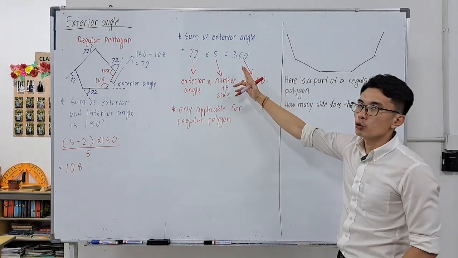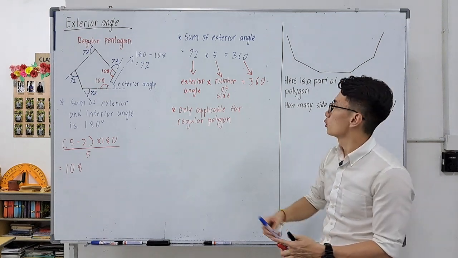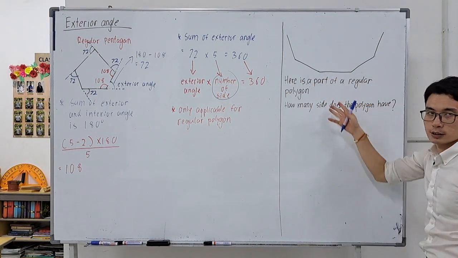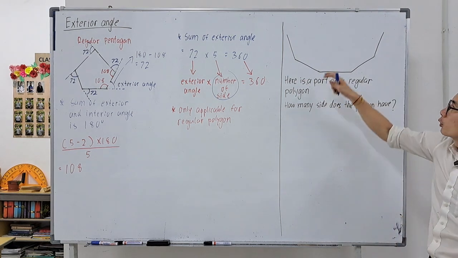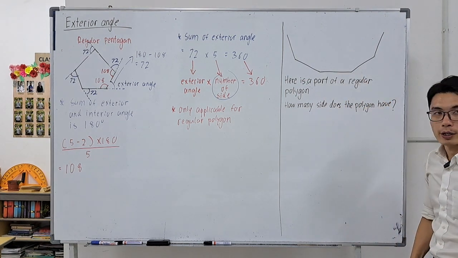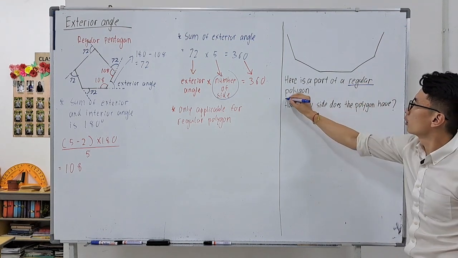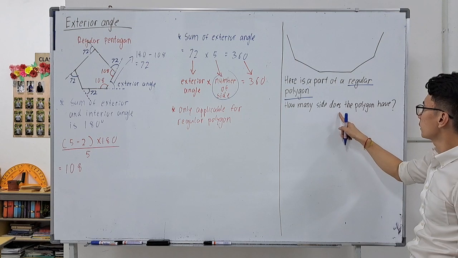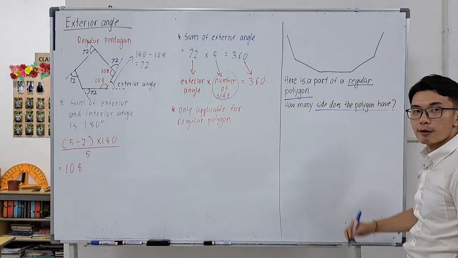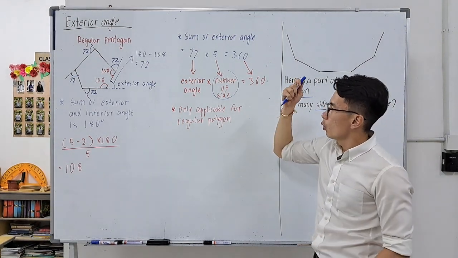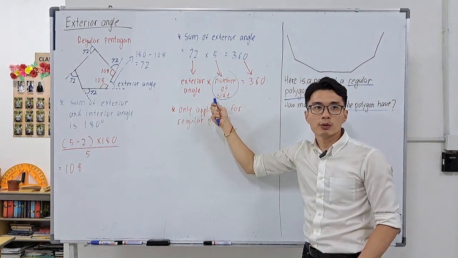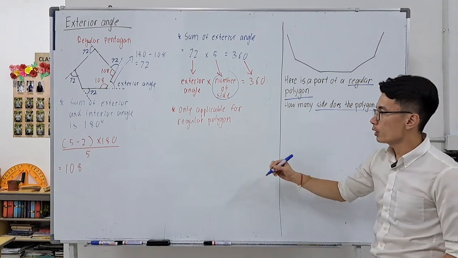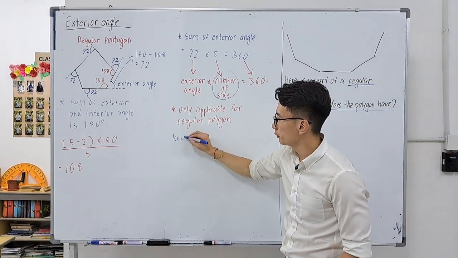So this formula is going to be useful, especially for us to find the number of sides. So let's go through one example over here. Here is a part of a regular polygon. So it is an incomplete polygon. How many sides does the polygon have? When you are going to use this formula, it's by looking at two key points. So I'll write key point over here.